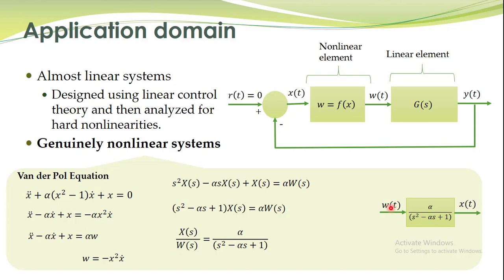where w of t, what is w of t? W of t is equal to this thing, that is, w of t is some nonlinear function of x of t, and then here we have x of t.